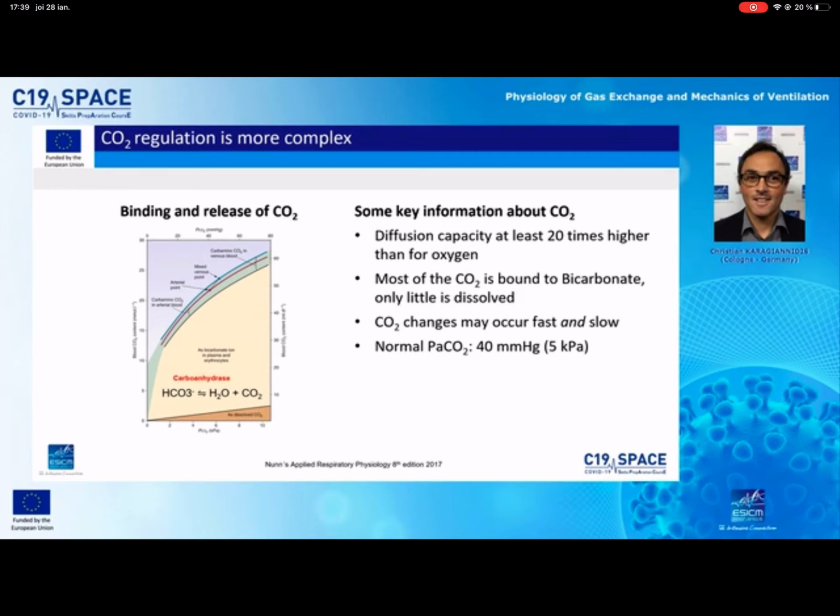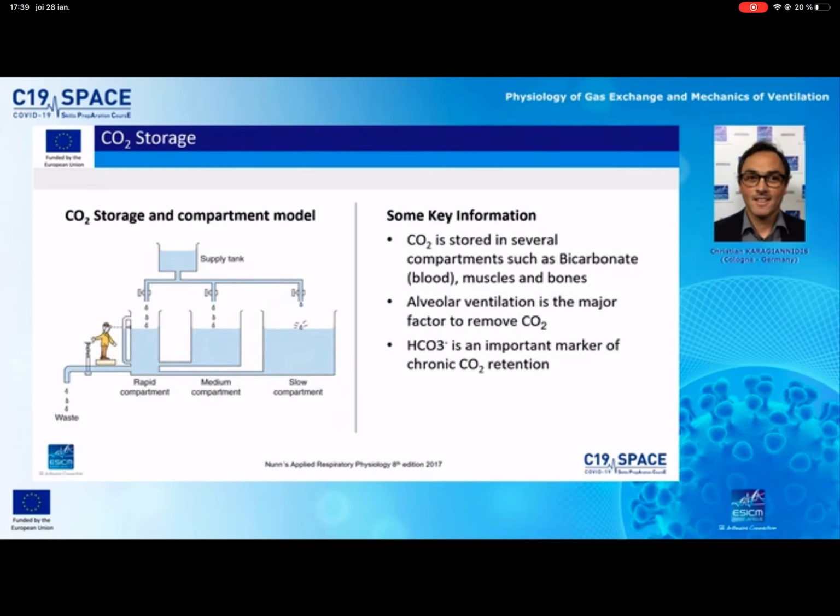The normal CO2 values in the arterial blood range around 40 millimeters of mercury, which means around about 5 kilopascal. And in contrast to oxygen, we have CO2 storage in the body. And if you look at this compartment model, you have some compartments which are very rapid.